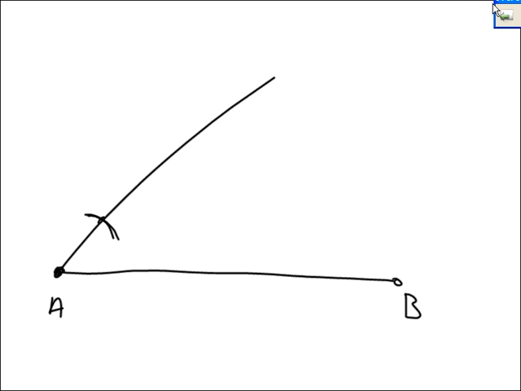Put an arc. This point is of interest. Put your needle there. Keep in the same opening, draw another arc. Put the needle there now. Keep in the same opening, go like that. These 3 segments, this one, this one, this one, equal. Those 3 segments are equal.